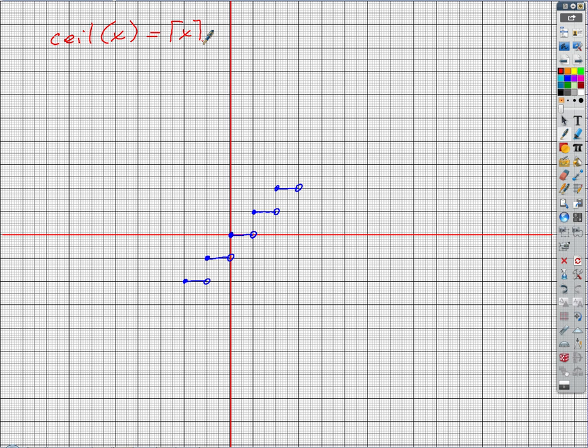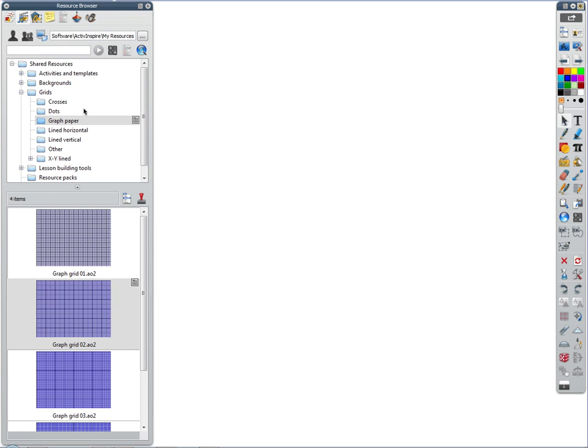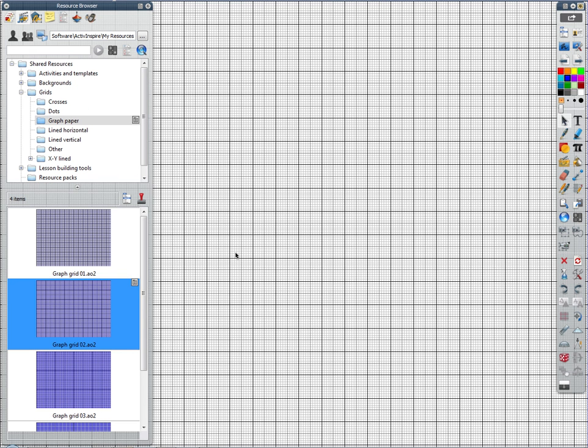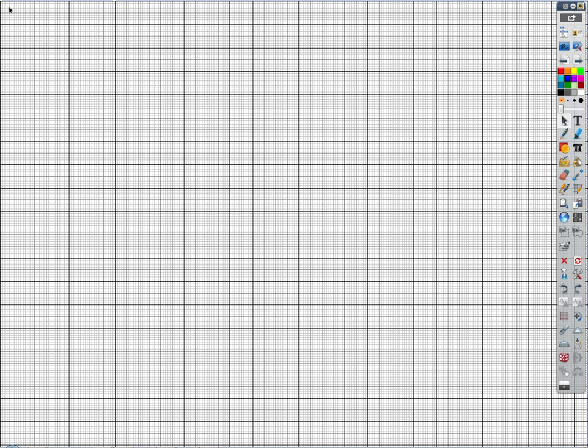So a ceiling function would look a little different. It'd be like 0 and then it'd start at 1. So there's the y-axis, there's the x-axis.